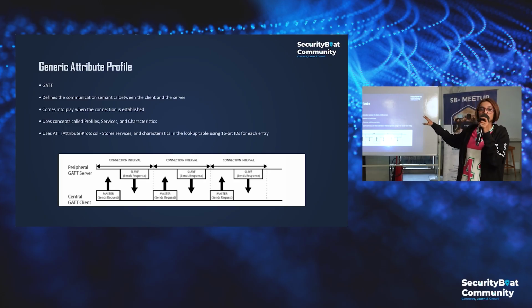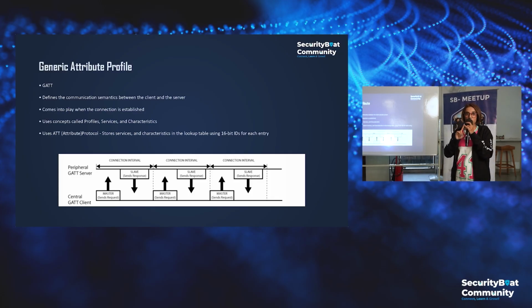That is the responsibility of GATT. It comes into play when the connection is established. Until the connection is established, they are not going to talk. After the connection is established, then the data transfer happens, right? Then the language is used. So after two devices get connected, with the help of GATT protocol, the data is exchanged.